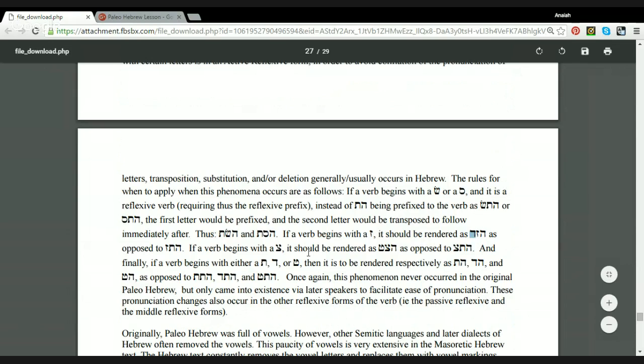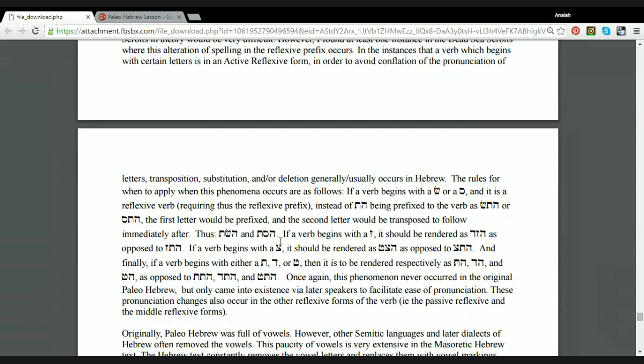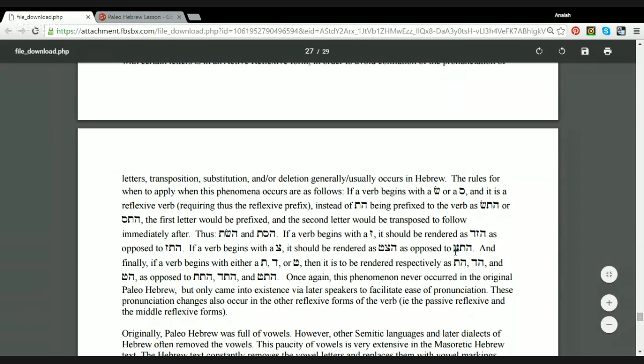I'm not making this up. This is actually what happens in Hebrew, in the rules according to the Hebrew language. And then same thing with tsadi. You know the word righteous, to make yourself righteous. It's tsadak. If you say et tsadak with the tsadi, the et is reflexive, so you make yourself righteous. But instead of saying et tsadak, you say ettsadak with a ts.